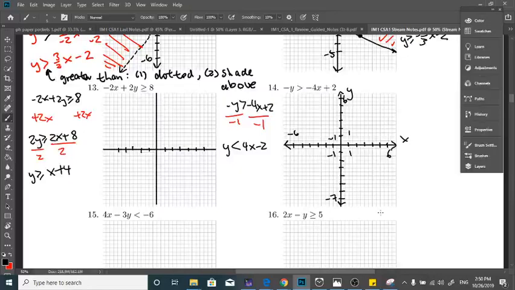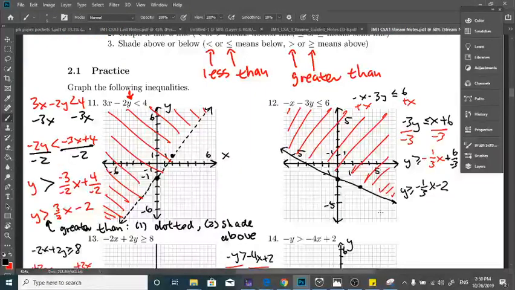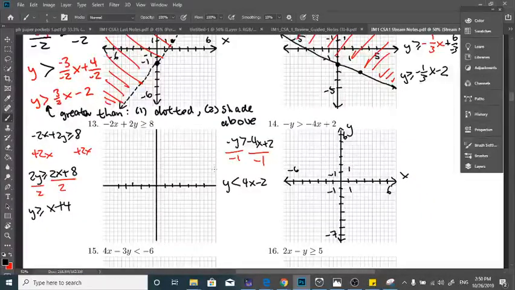Alright, so I'm going to go over what I did here, and then I'll finish this up later today, and then I'll post this on Canvas.